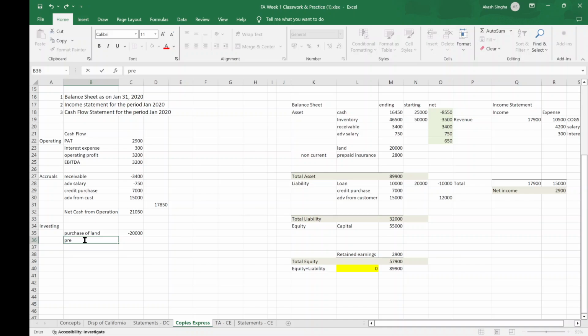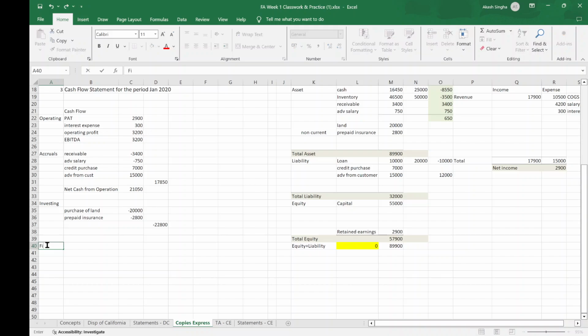Prepaid insurance is an asset, right? Okay, prepaid insurance is also an investing activity, so minus 2800. Total is this plus.